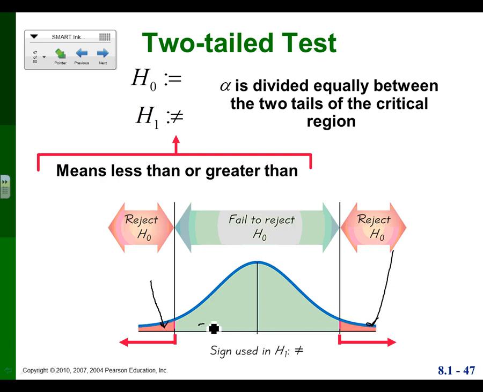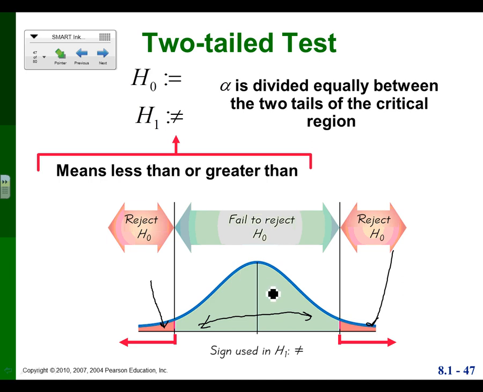If it's between this region, we will fail to reject. You'll actually use these words in your conclusion. I reject the null, I fail to reject. This should look exactly like the pictures you made for your last test, with the shaded regions, with your z-scores, t-scores, things like that. The only thing we're adding is areas that are in bounds and out of bounds.